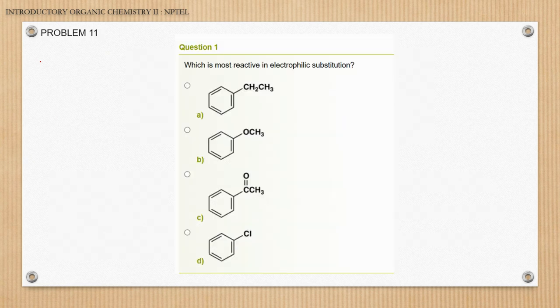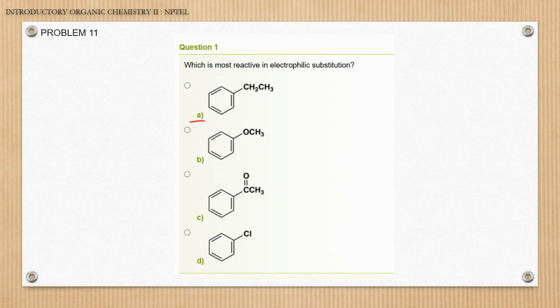So assuming that it is clear to all of you, I'm going to problem number 11. Problem number 11 says which is most reactive in electrophilic substitution. So now you have to tell me which is most reactive in the electrophilic substitution reaction. A. Okay, any other answer than A?